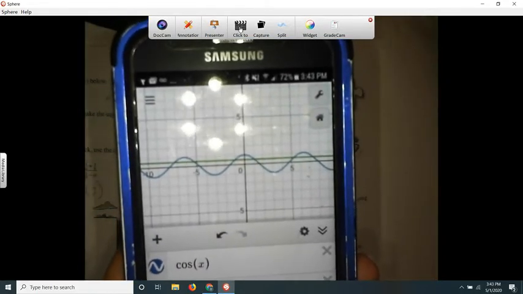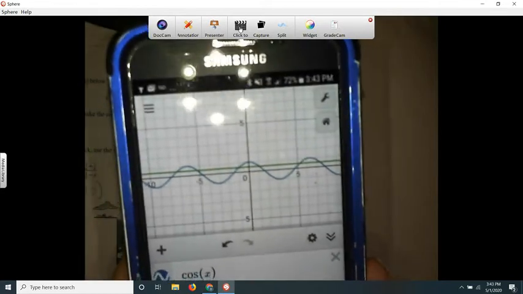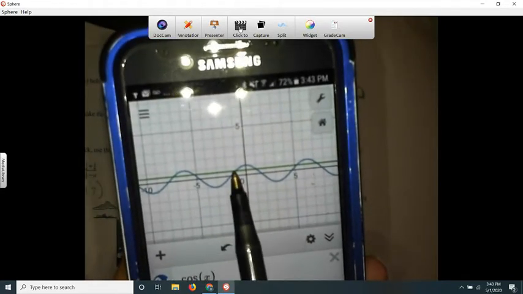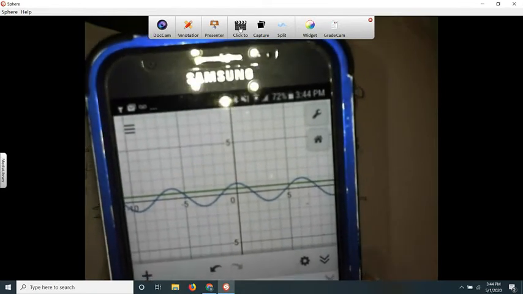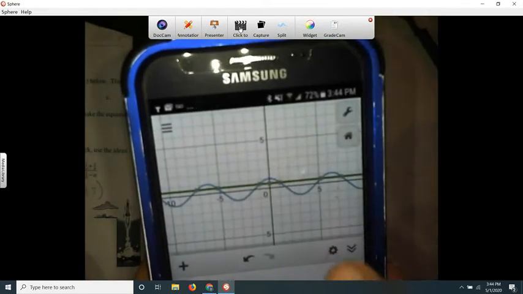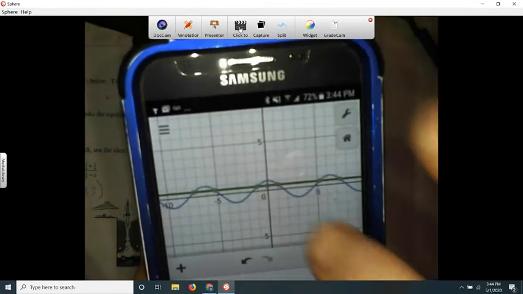I don't know if you can see that. Cosine x is a half every place where the green and the blue are intersecting.